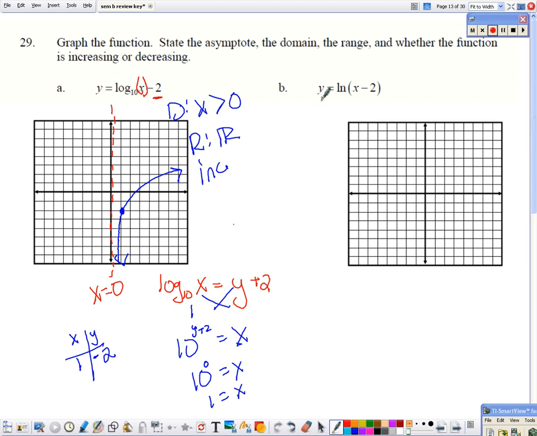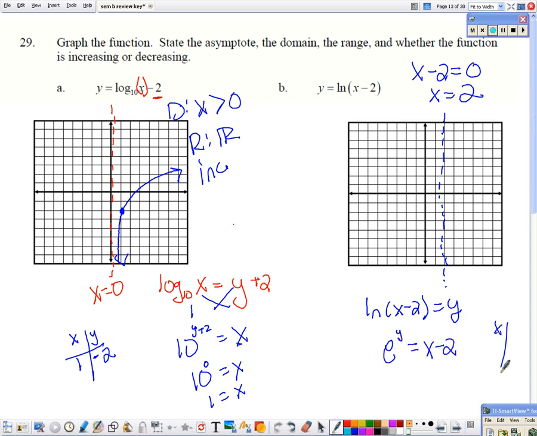Now for b, my asymptote is going to happen when x minus 2 equals 0, and that's at x equals 2. If I want to change this to exponential form to find a nice point to graph, I'm going to choose y as 0, so that makes this 1, so x will be 3.